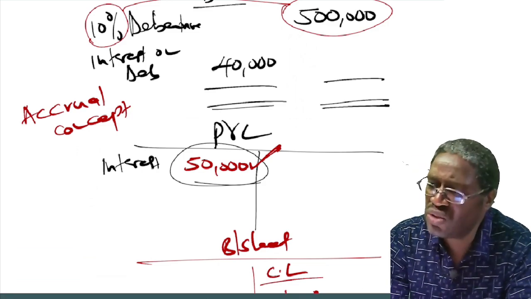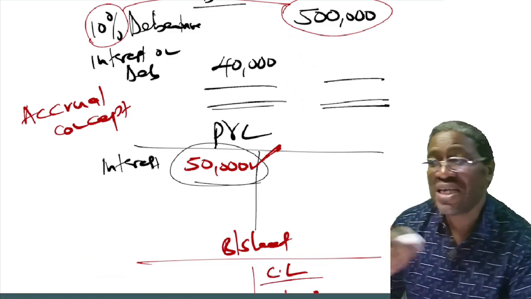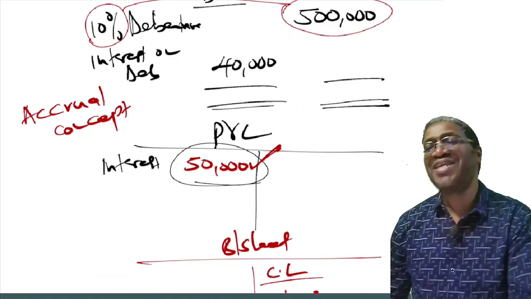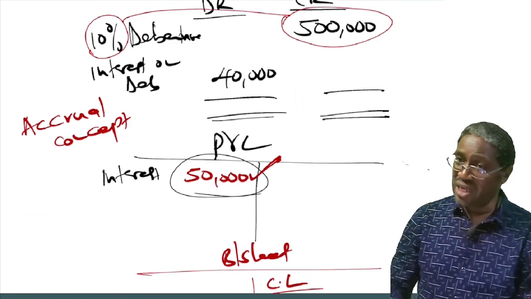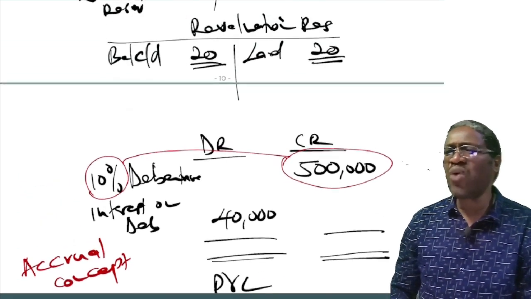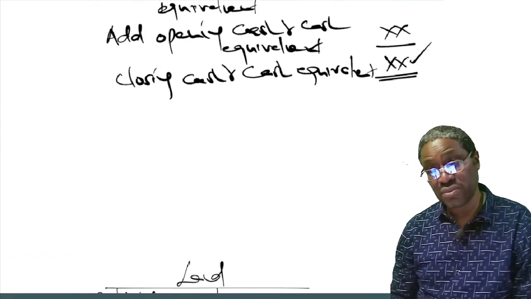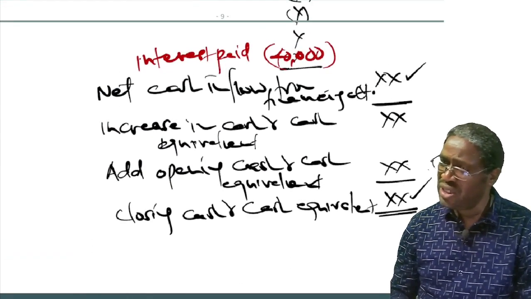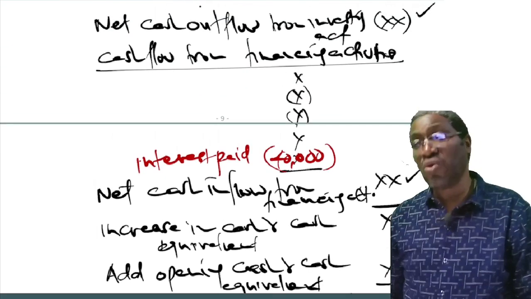So the 50 you took to the P&L account, being just a bookkeeping entry, is classified as a non-cash item. Then I've said, whatever you actually paid, which in our illustration is 40, is what you paid to the financiers that are called debenture holders.